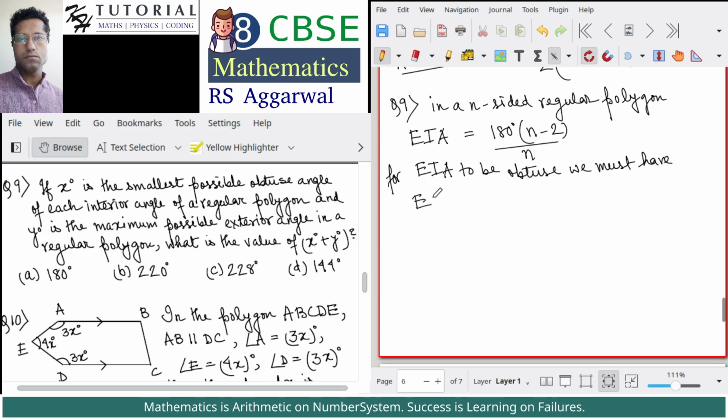So EIA, each interior angle, should be greater than 90 degree.